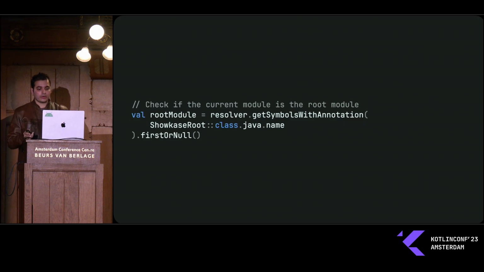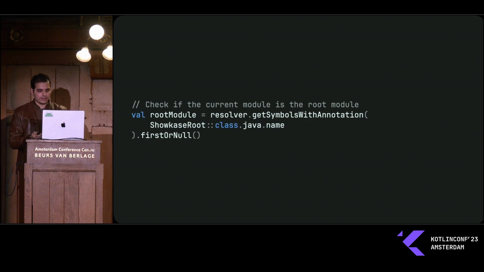All right, so we have two annotations down that we care about, and we have the final annotation, which is the root annotation we discussed a few minutes ago. We use the same API, which is get symbols with annotation, and check if the current module that is being processed has the presence of the showcase root annotation. If it's null, it means that we are not in the root module and we are processing a different module.